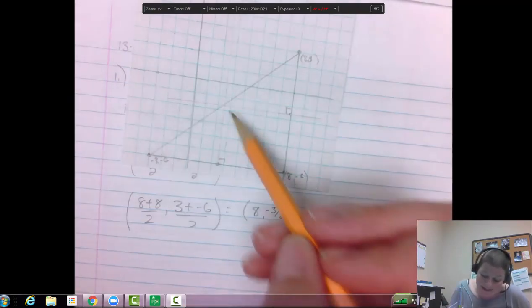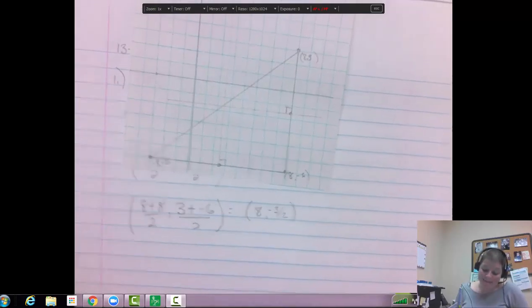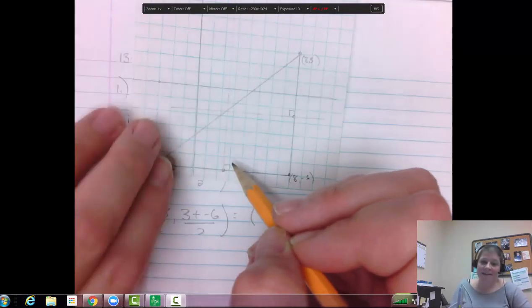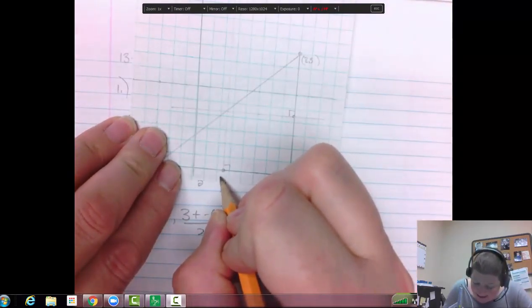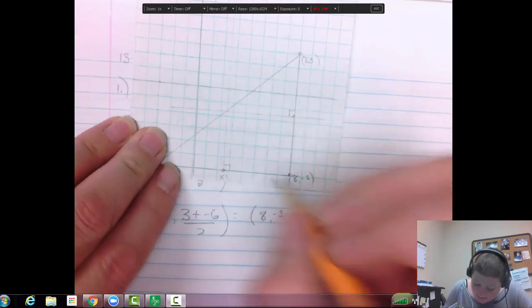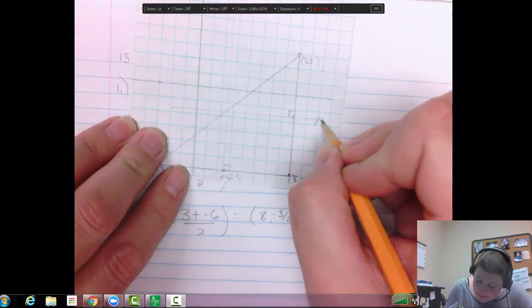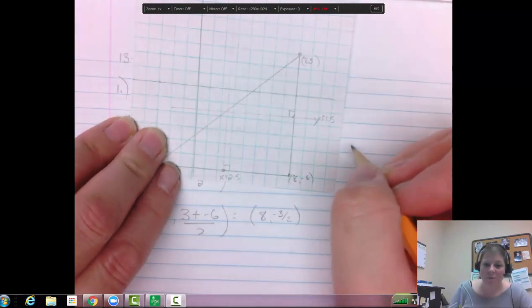You can't really see the point super well from here, but where would it be at? For this line here, it is vertical, so it has to just be the line x equals 2.5. And this line here has to be y equals -1.5. So where does it cross?